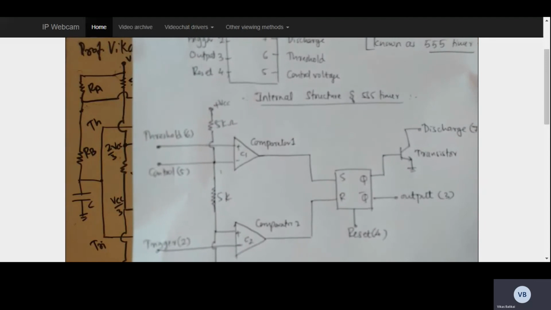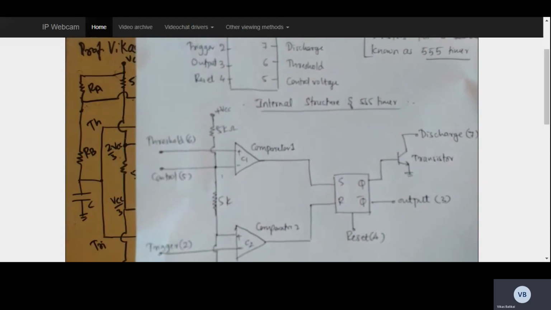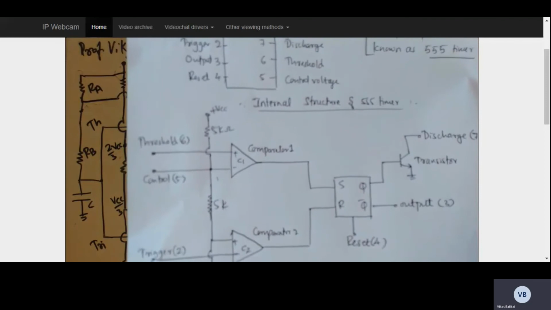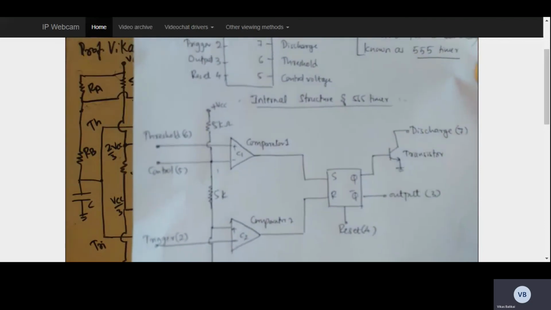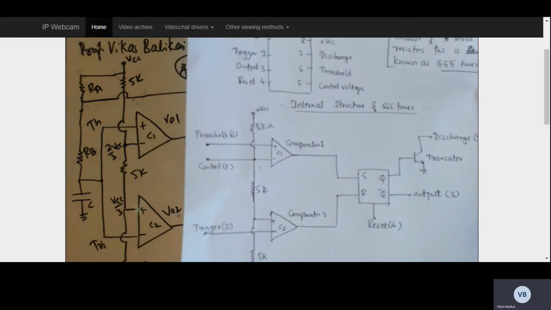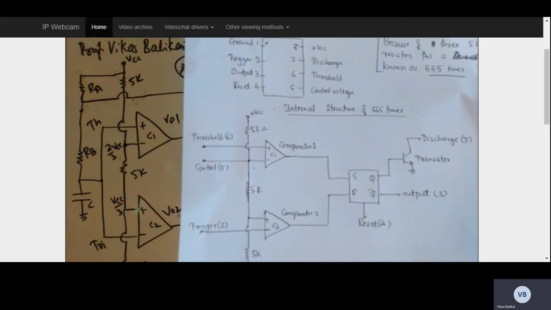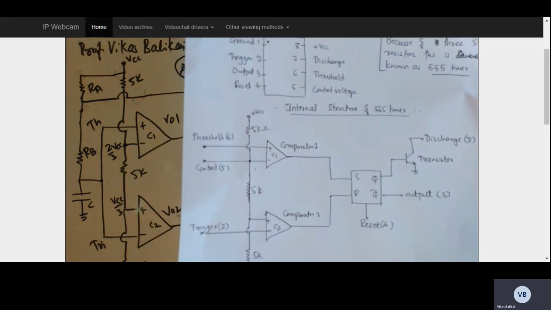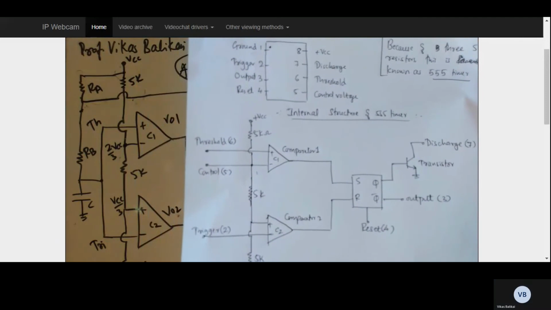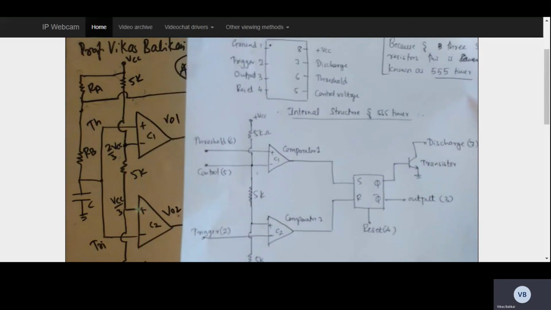Specifically, we are going to talk about its application in terms of monostable multivibrator and astable multivibrator. A monostable multivibrator has only one stable state, and an astable multivibrator has no stable state; it is basically a free running square wave generator.